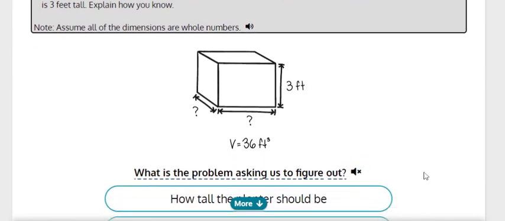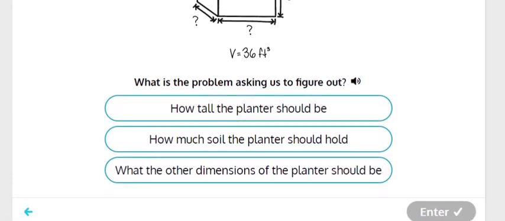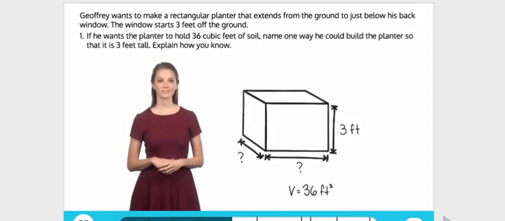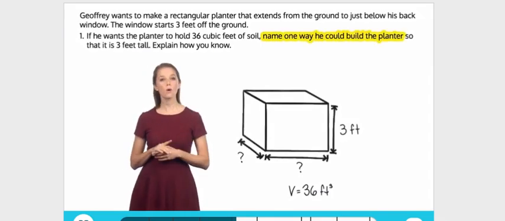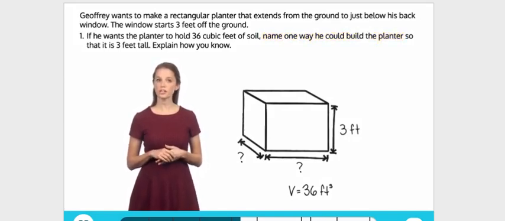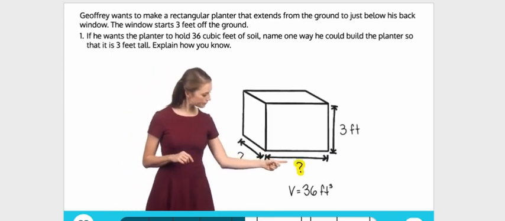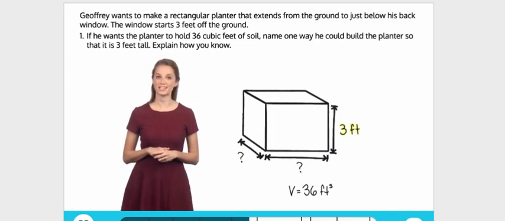What is the problem asking us to figure out? The problem tells us to name one way Jeffrey could build the planter. In other words, we need to figure out what Jeffrey can make the other dimensions so that the planter will meet his needs.